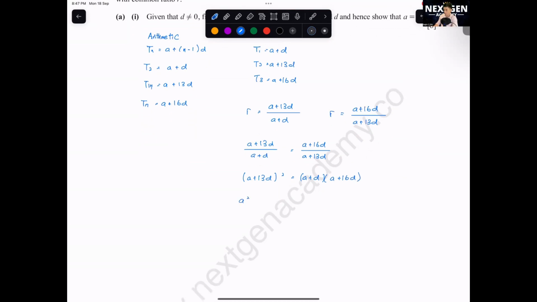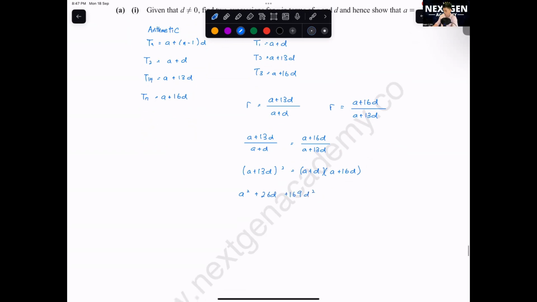Okay, open out the bracket. You get A squared plus 26AD plus 169D squared equals A squared plus 16AD plus AD plus 16D squared.